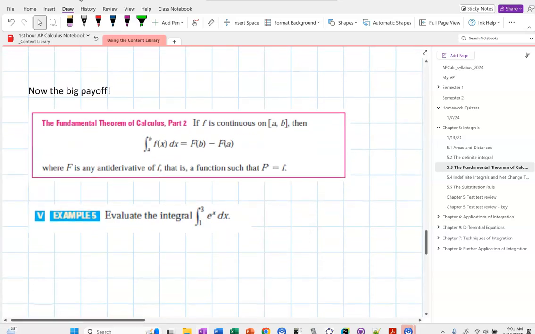So if f is continuous on the interval from a to b, then the integral from a to b of f of x dx is equal to capital F of b minus capital F of a, where capital F is any antiderivative of f. This is the fundamental theorem of calculus part 2, which connects the idea of the antiderivative to these areas that we've been working on.